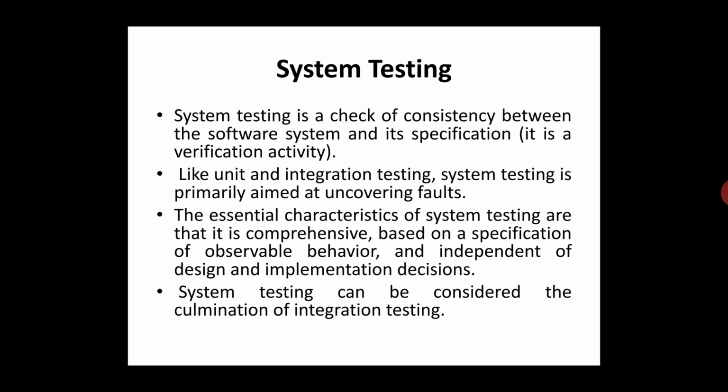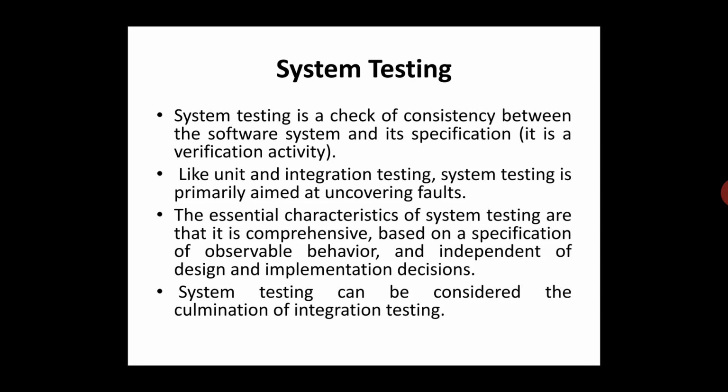That's why it's observable behavior, and it's supposed to be independent of design and implementation. There is no factor which affects system testing. There is no dependency between design as well as implementation, and system testing.